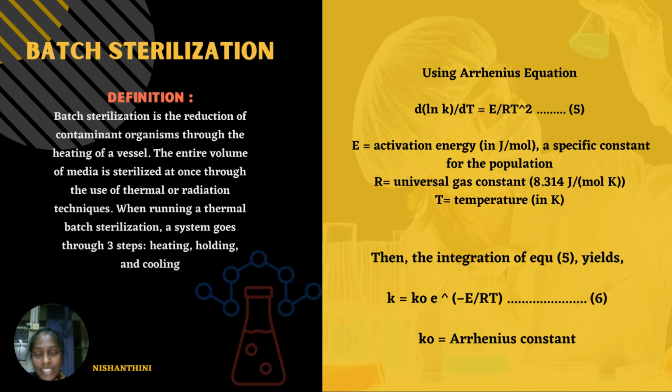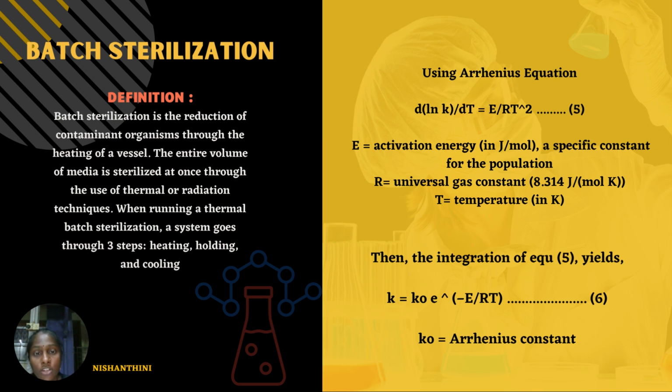By using the Arrhenius equation, we can obtain d ln k over dt equals E over RT squared, which we get from the kinetics of thermal death of microorganisms. E equals activation energy in joules per mole, a specific constant for the population.